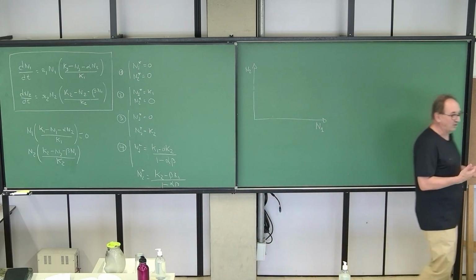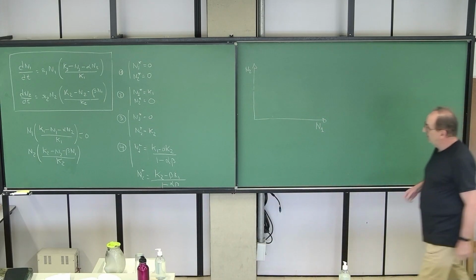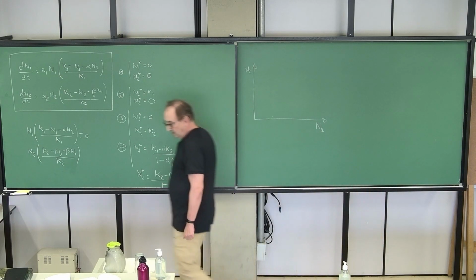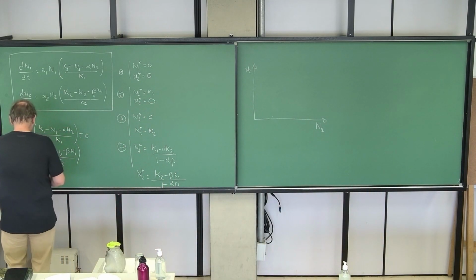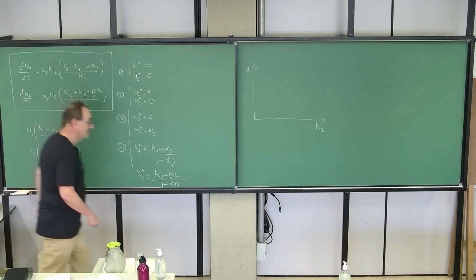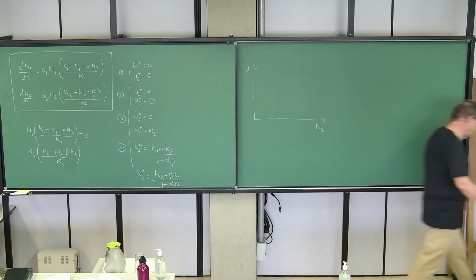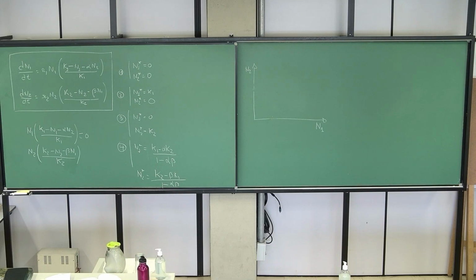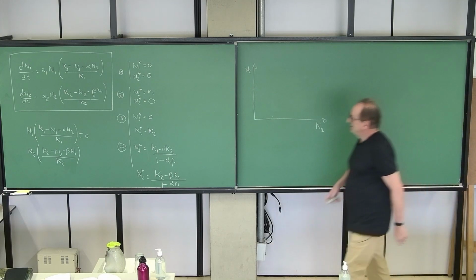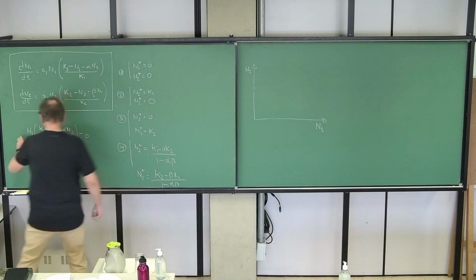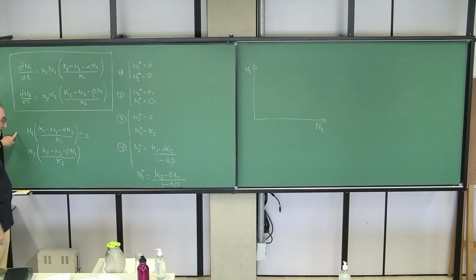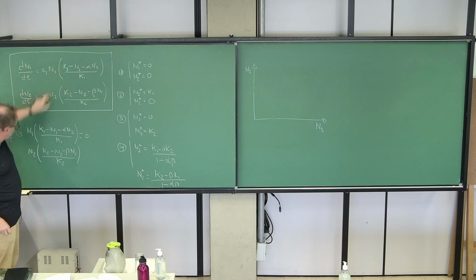I want to draw the points in this space. So this first one corresponds to dn1/dt equal to 0.